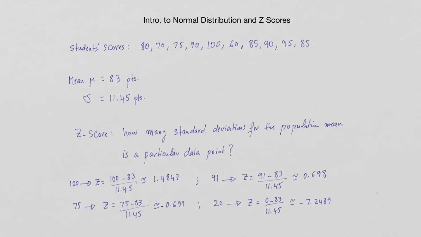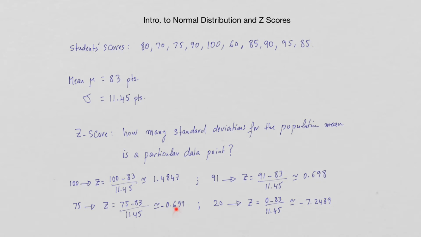We know 75 is less than 83, so we know the Z-score is going to be negative. That's the first comment. Second comment, how many of those is 75 from 83? So we take 75, subtract 83. Notice I get a negative number, and you divide by the standard deviation. It tells me how many standard deviations 75 is away from 83.